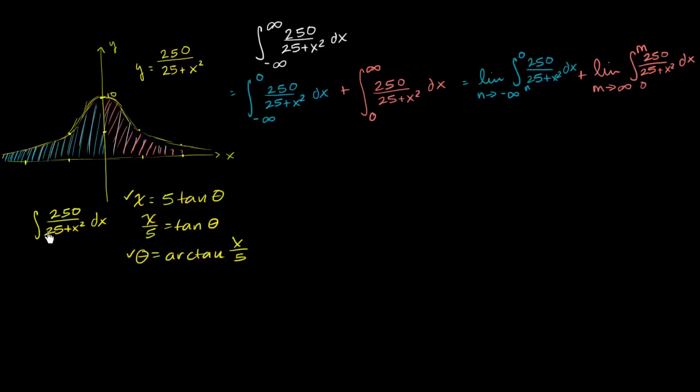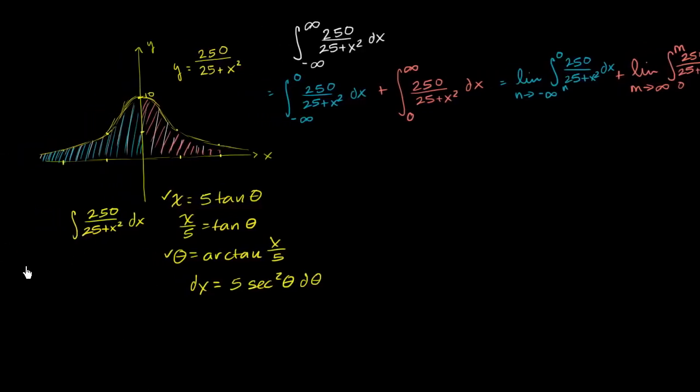So now let's do the substitution. Actually, before that, we also have to figure out what dx is equal to. dx is equal to the derivative of this with respect to theta, which is 5 secant squared theta d theta. So now we're ready to substitute back in.